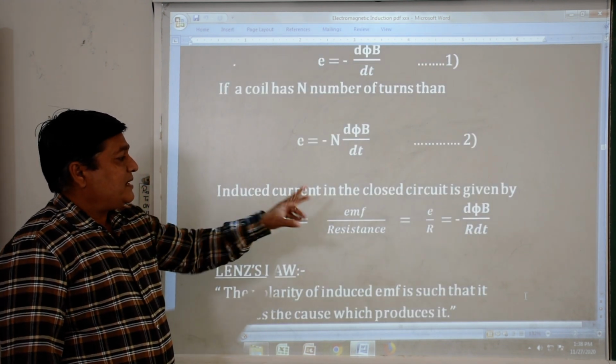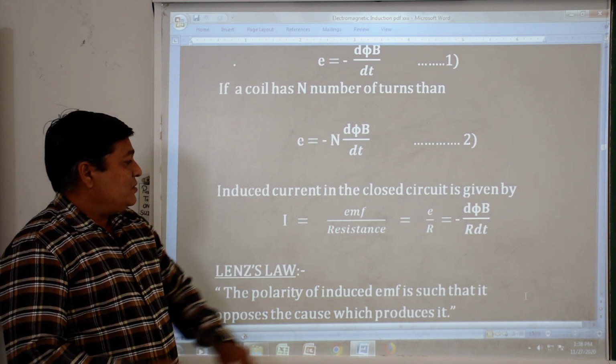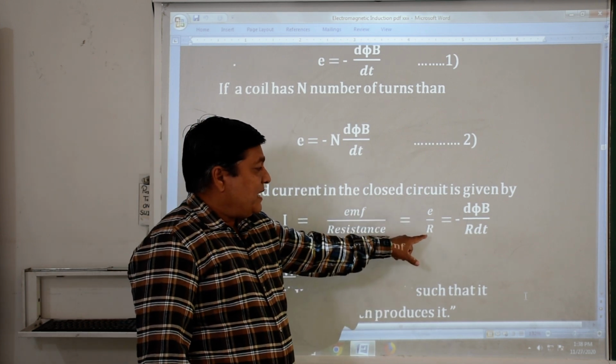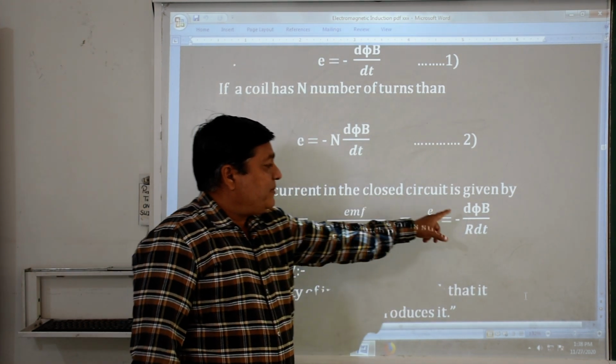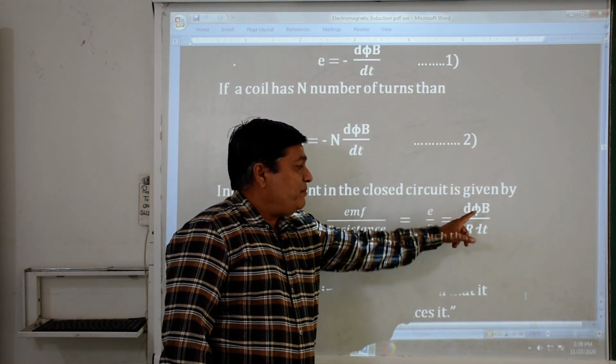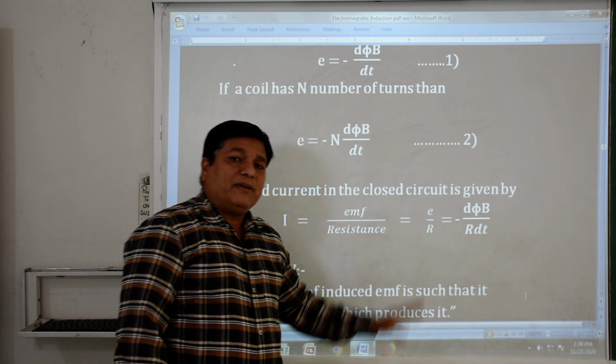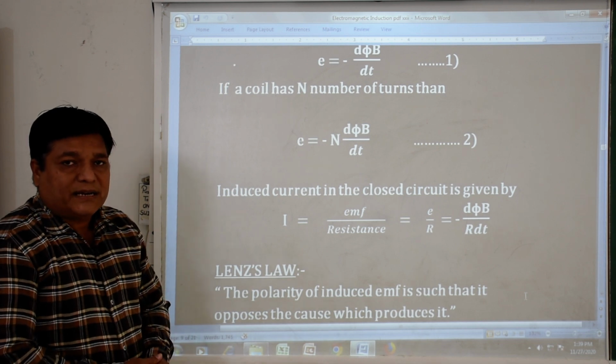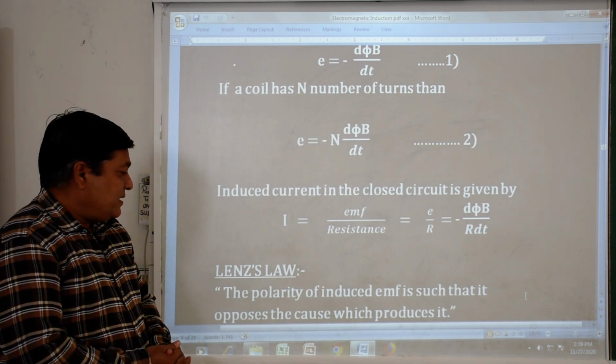Induced current in a closed circuit, I = total EMF upon resistance, so E/R. The value of E from here we can place here, it becomes I = -dφB/(R dt). In this way we can take out the expression for induced current also.